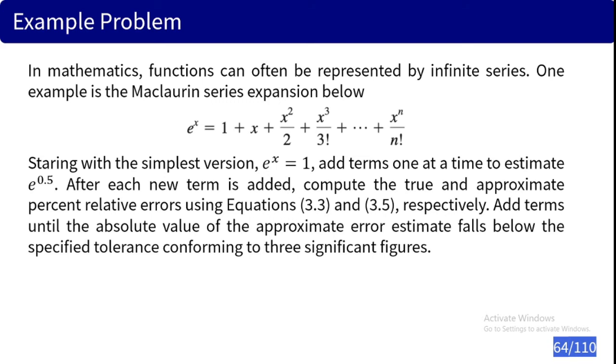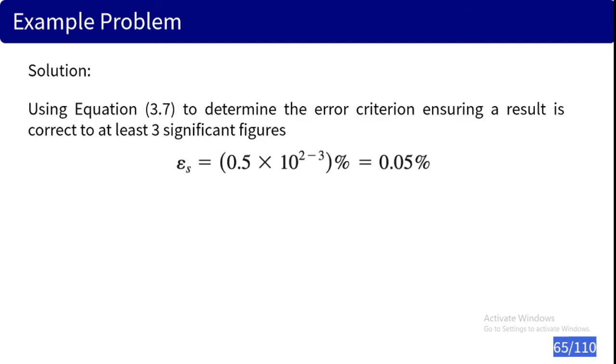The first step in our solution is to determine the specified tolerance. Equation 3.7 is the formula for determining the specified tolerance, or the criterion for terminating the computation. We use 0.5 times 10 raised to 2 minus n, where n is 3.